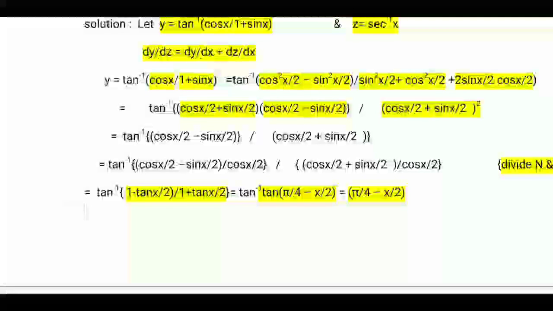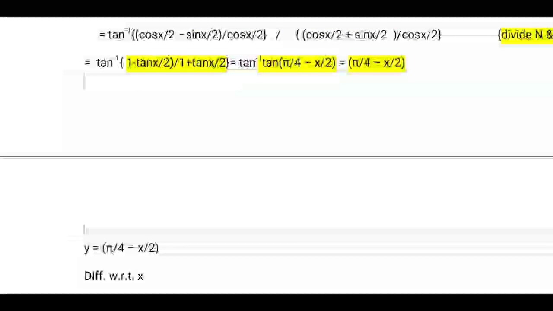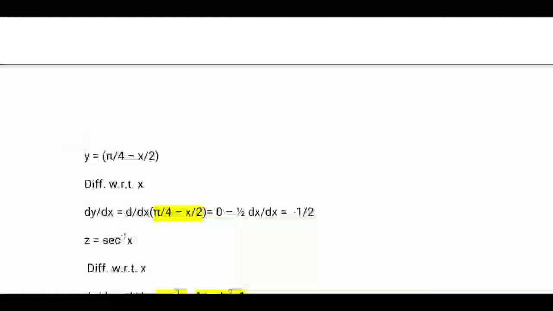If we expand the formula of tan (pi by 4 minus x by 2), we get 1 minus tan x by 2 upon 1 plus tan x by 2. So we will write it tan inverse tan (pi by 4 minus x by 2), that is equal to pi by 4 minus x by 2. So we get the value of y, that is pi by 4 minus x by 2.